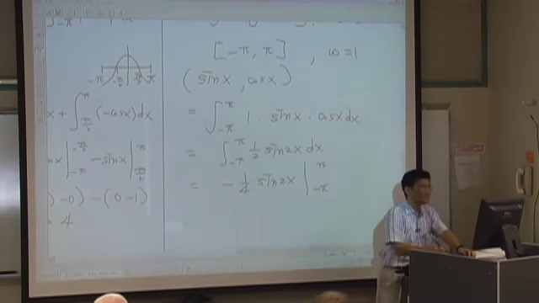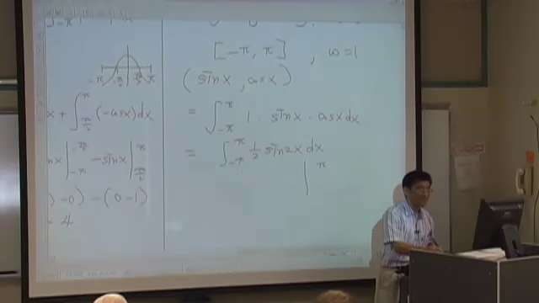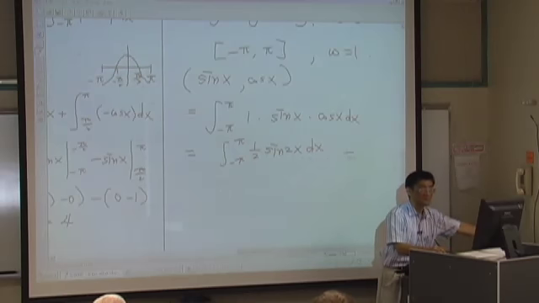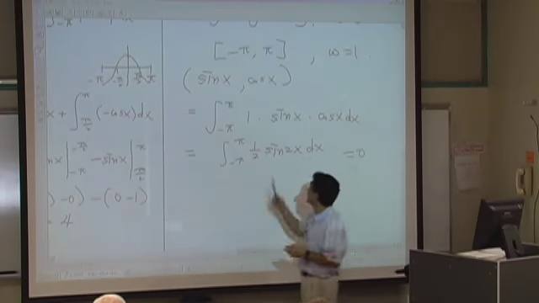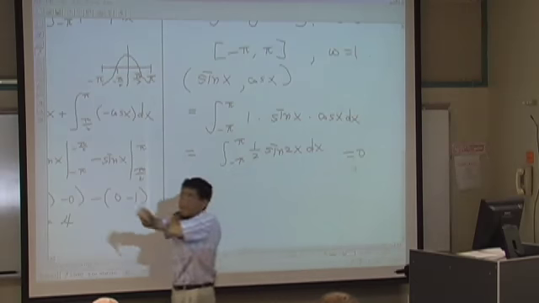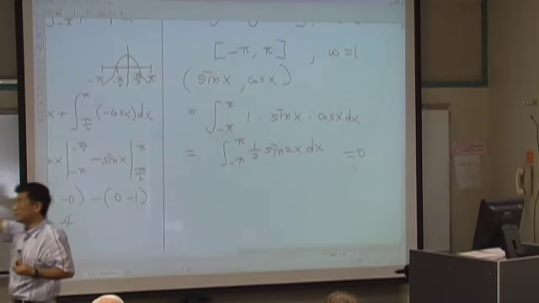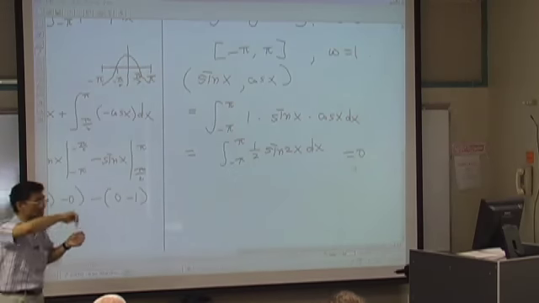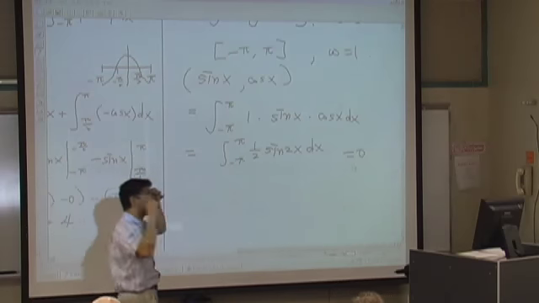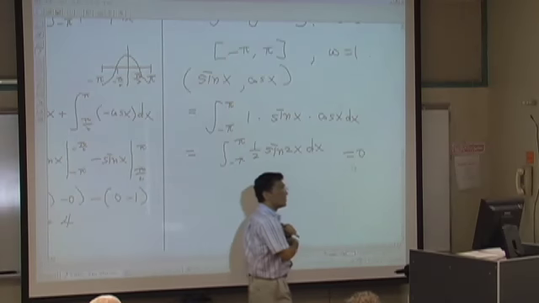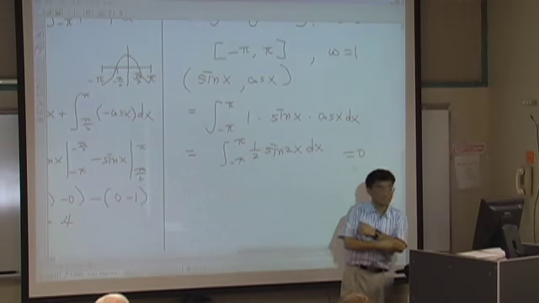We don't even have to do any more calculation. It is an odd function, integrated from negative pi to pi, so 0. Sine 2x is an odd function. When you integrate an odd function from negative a to plus a, then it is 0. So the inner product of sine and cosine is 0.